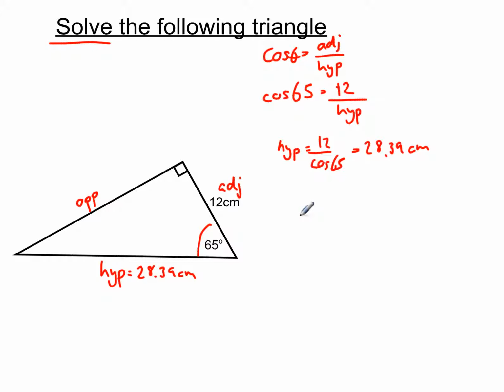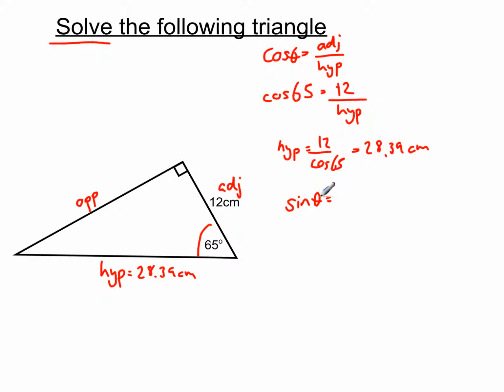So that leaves me, I can use sine, opposite over hypotenuse, or I can use tan, adjacent over opposite. So sine or tan. I'm just going to use sine, either one, you'll get the same answer.